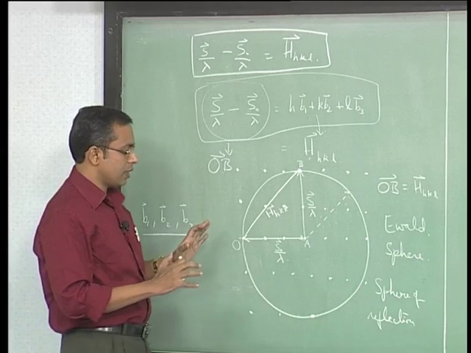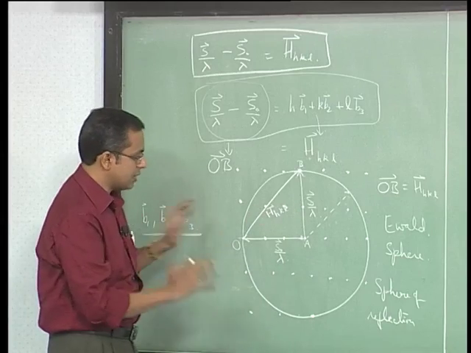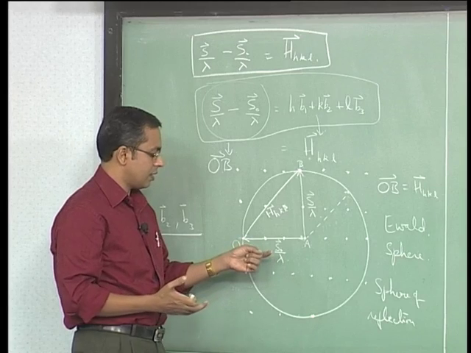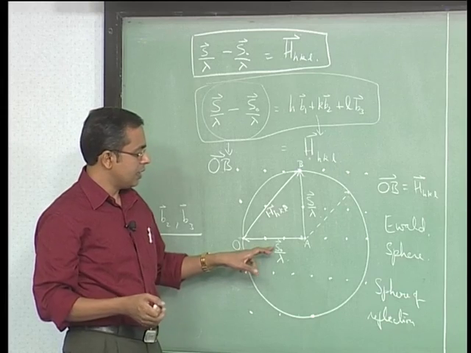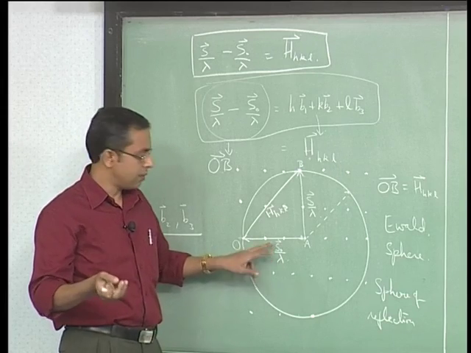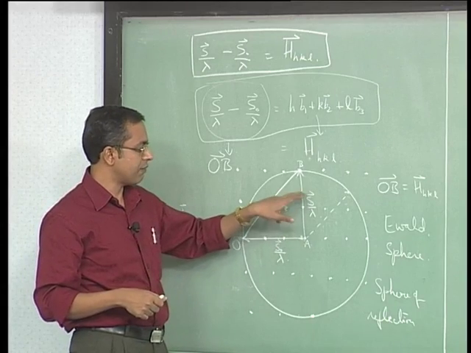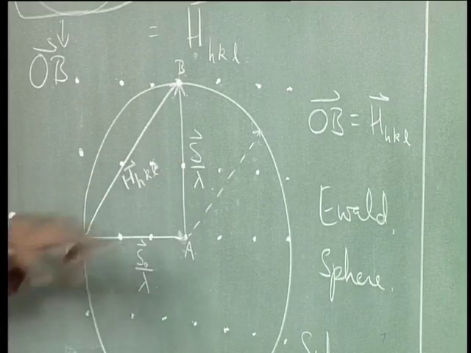What I want to highlight now is that on this diagram, I think we have a good feel for the fact that there is a wave arriving in a particular direction, which we are simply denoting by 1 by lambda, and we are looking for the diffracted beam in some direction which we are designating by S, and 1 by lambda is the magnitude.